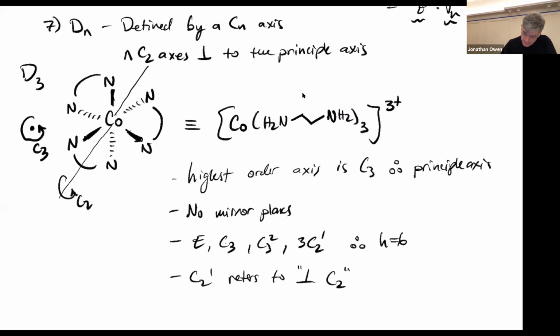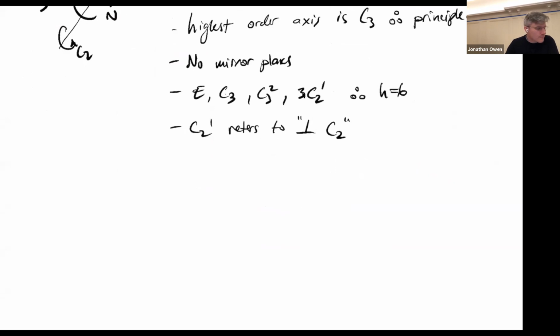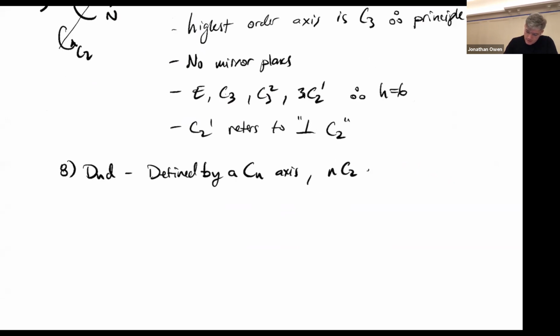All right. Next, we're going to do Dnd. Again, we've got a Cn axis, n C2 axes perpendicular to Cn.